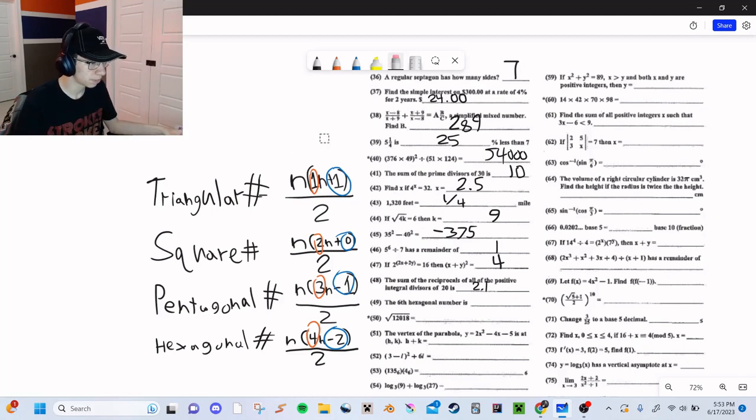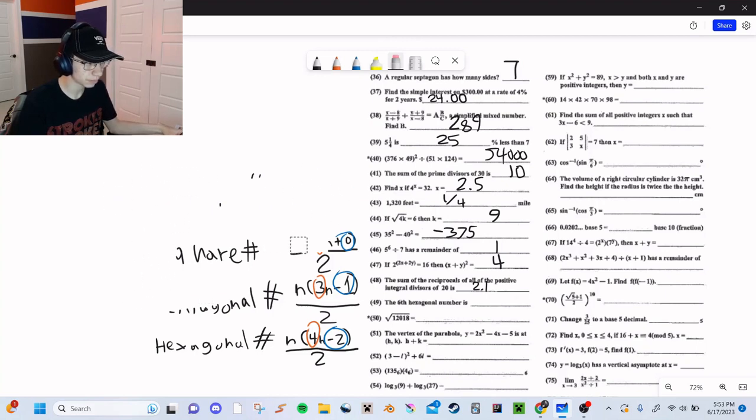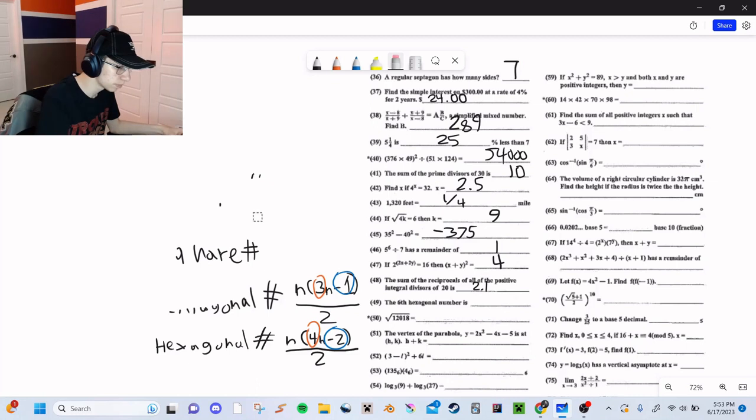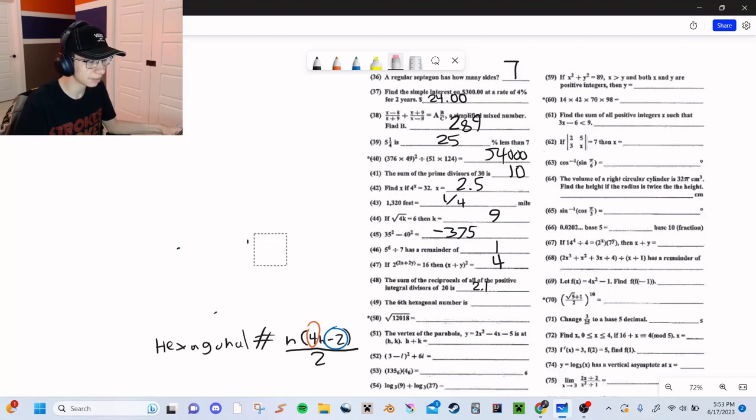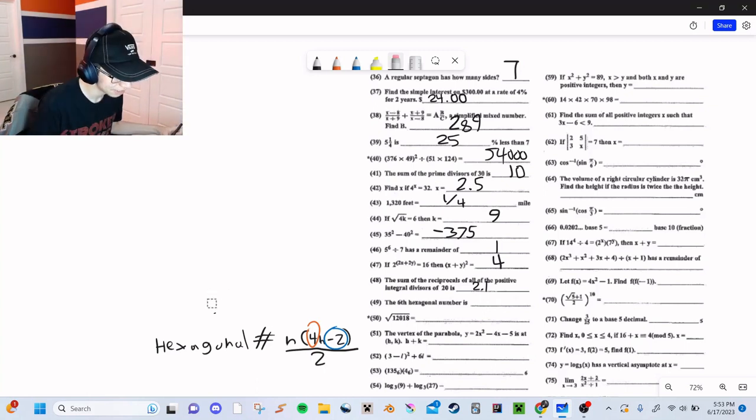And so, going back to what the question originally asked for, we know what the formula for hexagonal numbers is now. And I want to find the sixth hexagonal number, right?